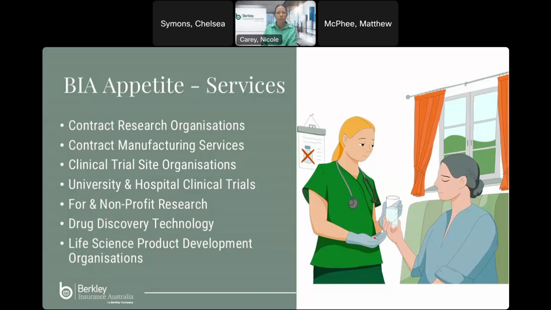The life science product development organisations are again a third party who will assist our product development companies to get their things to market. They will help with their regulatory approvals and the advertising and marketing that they might need to get those particular products to the next stage of commercialization and development.